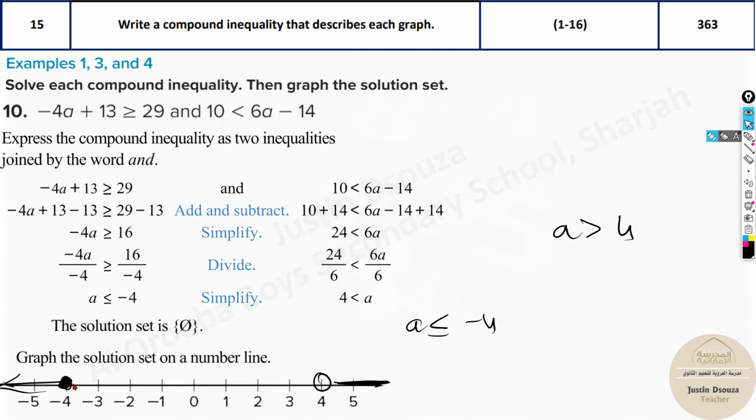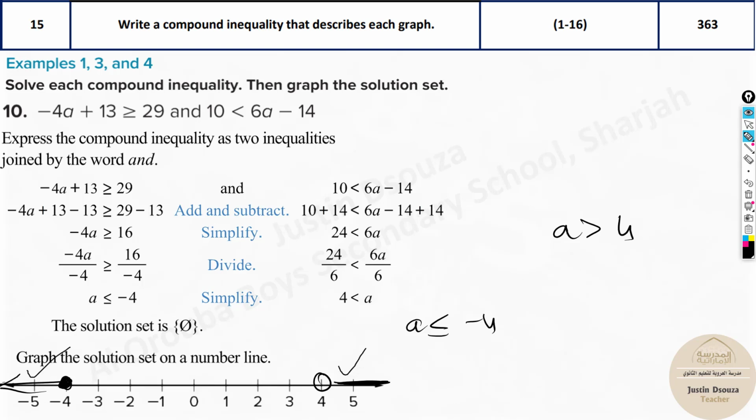In the sense, if you say A is greater than or equal to minus 4 and less than 4, these are all the solutions. But here, A is less than or equal to minus 4 and A is greater than 4. There is no overlapping. There is no solution. This is a null set because there is no solution which comes in this and this.